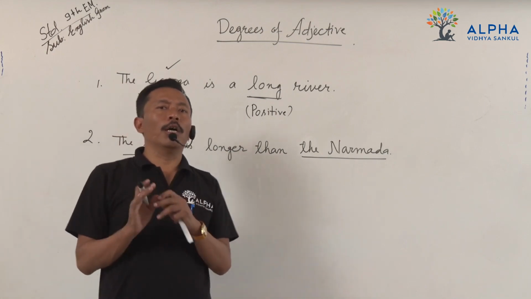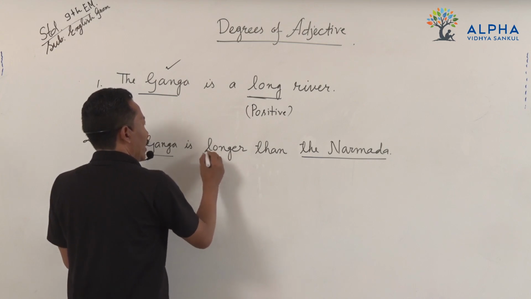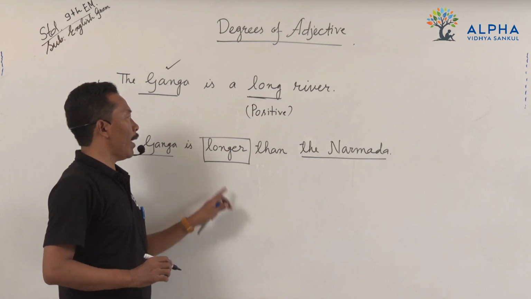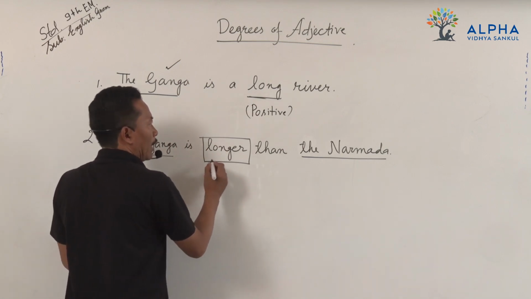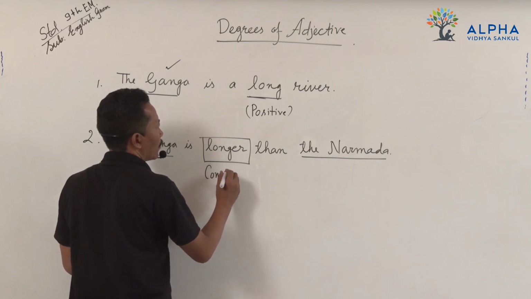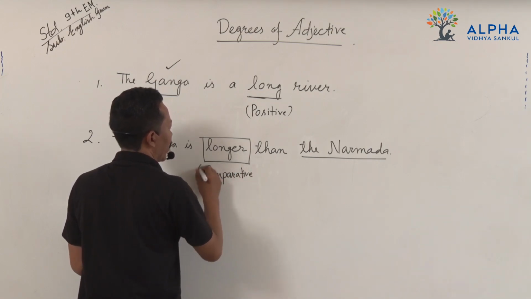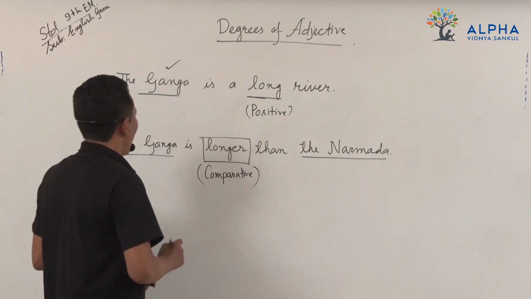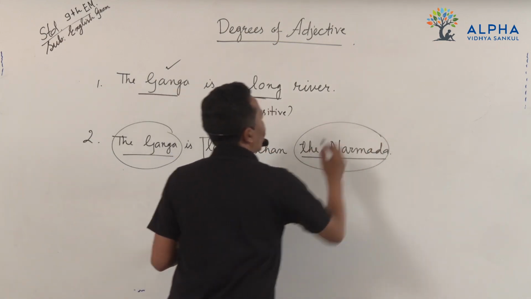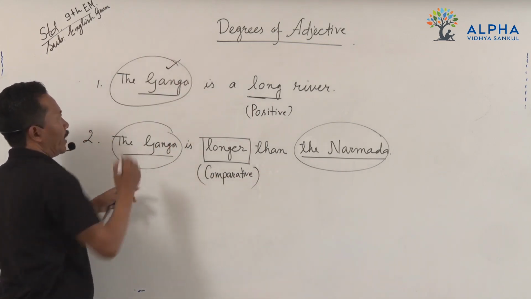Both of these two rivers are famous rivers of India. You see here we use the word longer, and this adjective we will say is the comparative degree. Why? We compare these two rivers, the Ganga and the Narmada.